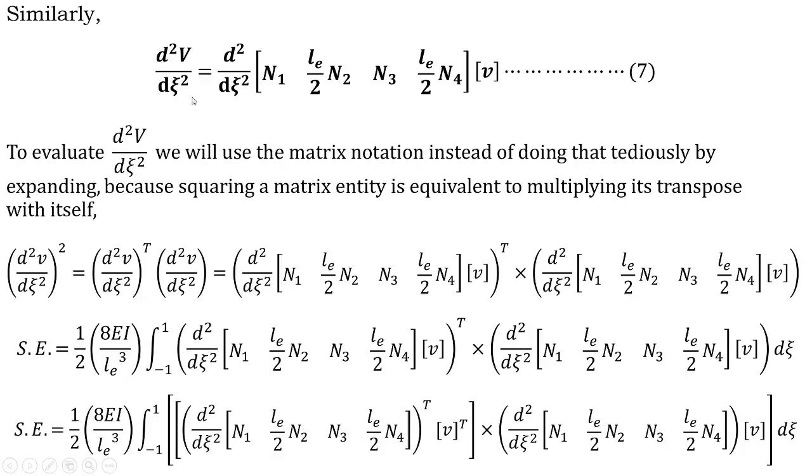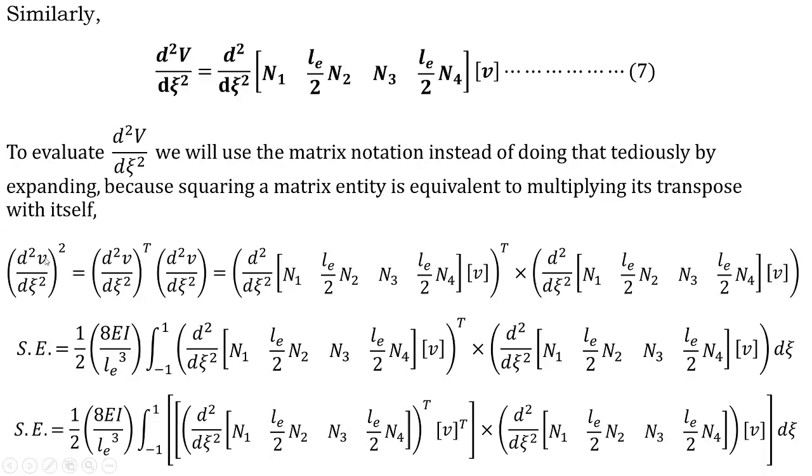Therefore, we'll do that in the form of a matrix. How? d square v divided by d zeta square. Now v is in the form of a matrix, so squaring a matrix, because I need to square this entire term, is nothing but multiplying the matrix with its own transpose.